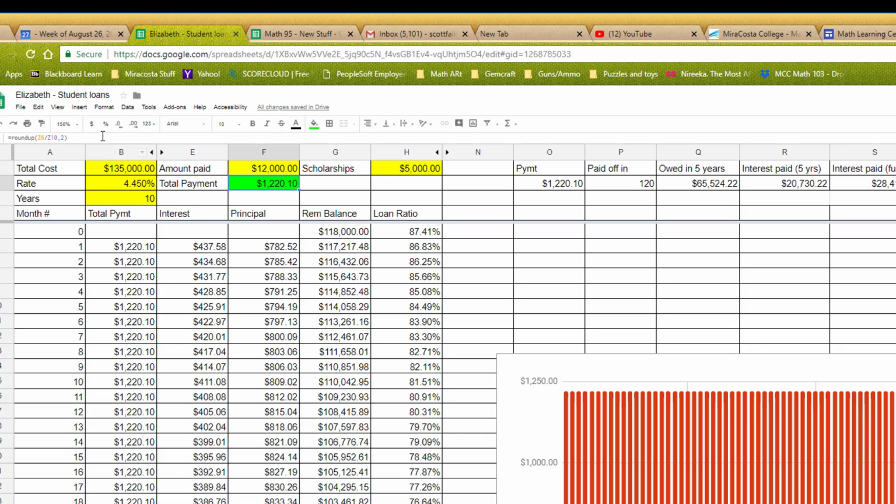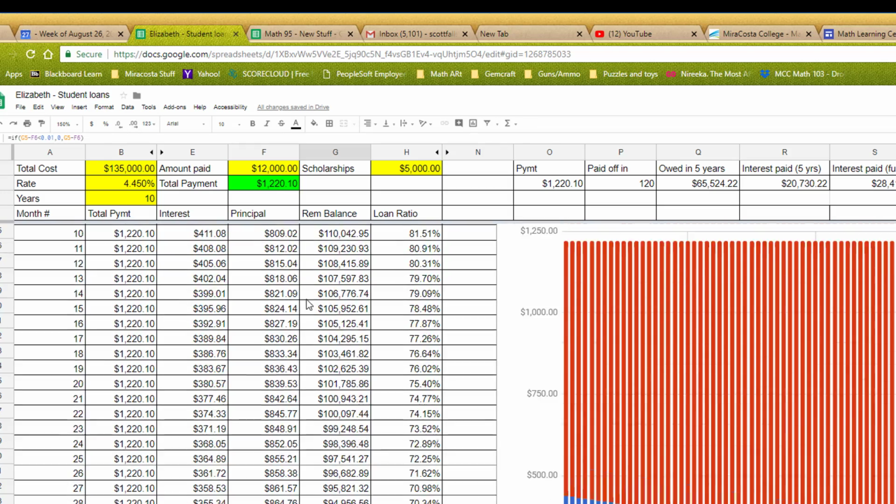I also put in a formula that will calculate the payment for you. As a math teacher, I think you should probably do 1 or 2 of these on your own so you can see where that number comes from. But this payment is what comes right down here. And if you make that payment every month, the bank keeps their interest. Whatever's left over goes to pay off the principal amount, and your balance goes down. This will happen every month.